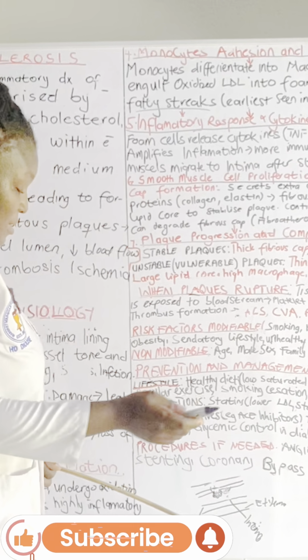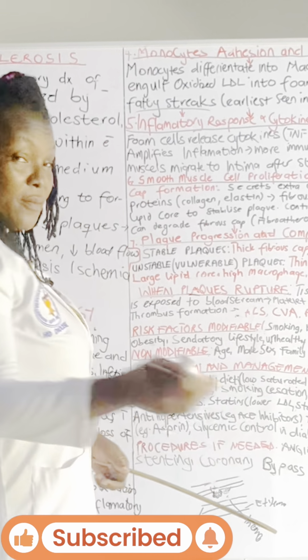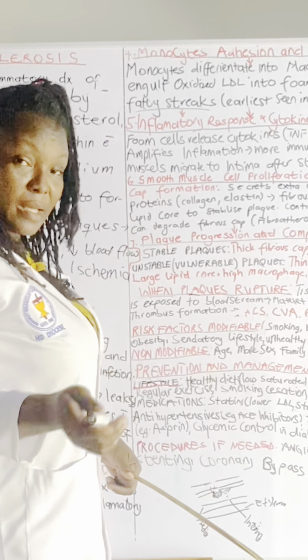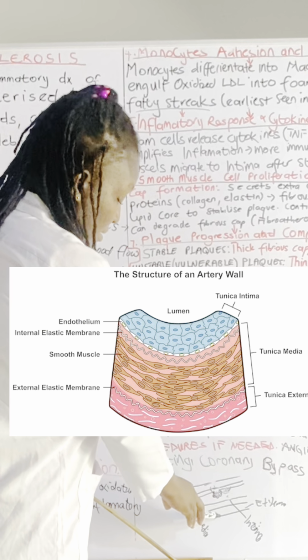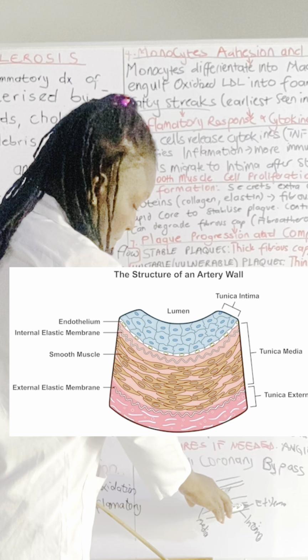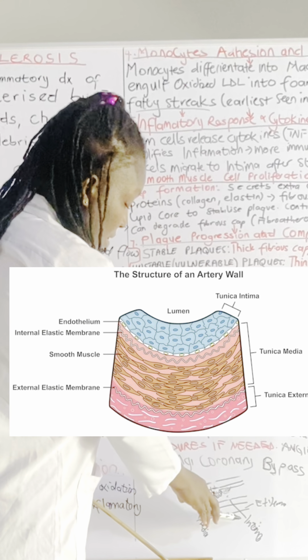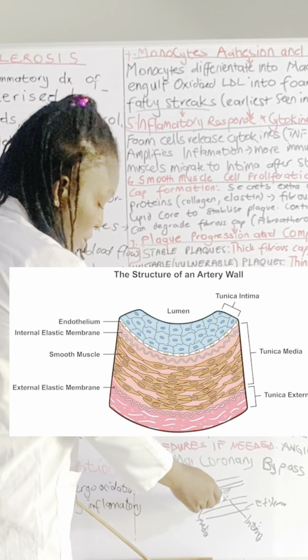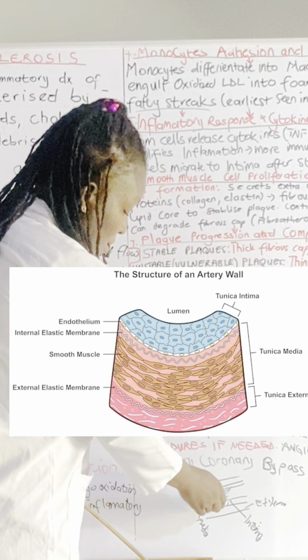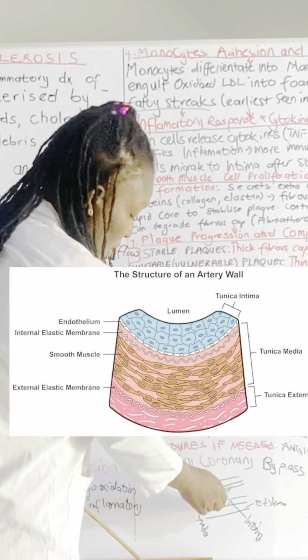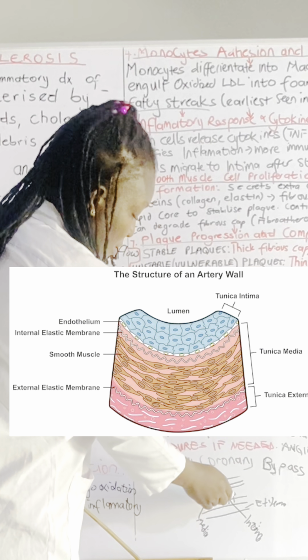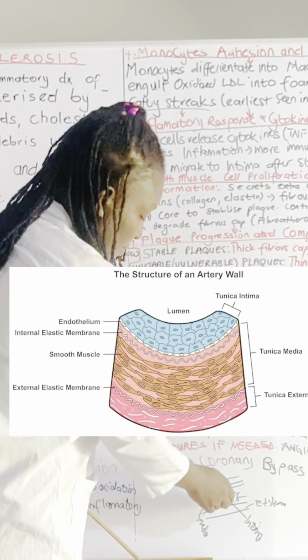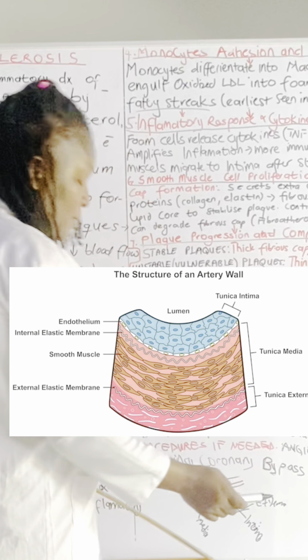Now remember, we said that the vessel is made up of 3 layers. We have the tunica externa, the tunica media, and the tunica intima. Now smooth muscle cells will migrate from the media into the intima. Smooth muscle cells will migrate from here into here.